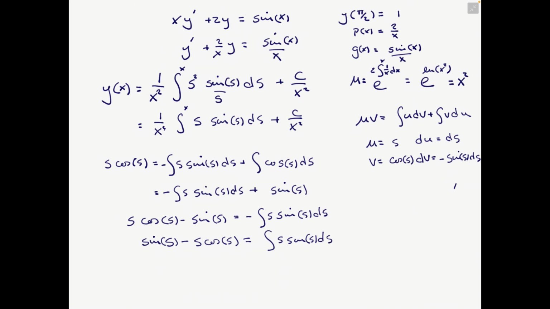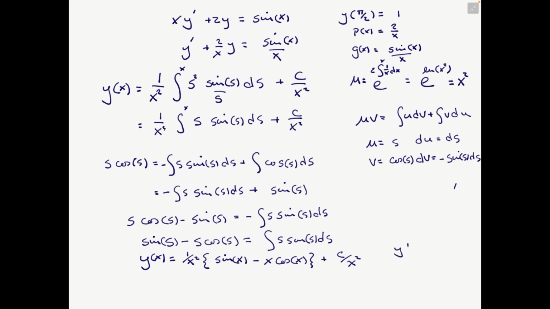So now we can put that in for the integral. So y of x is equal to 1 on x squared times sine of x minus x cos of x plus c on x squared.